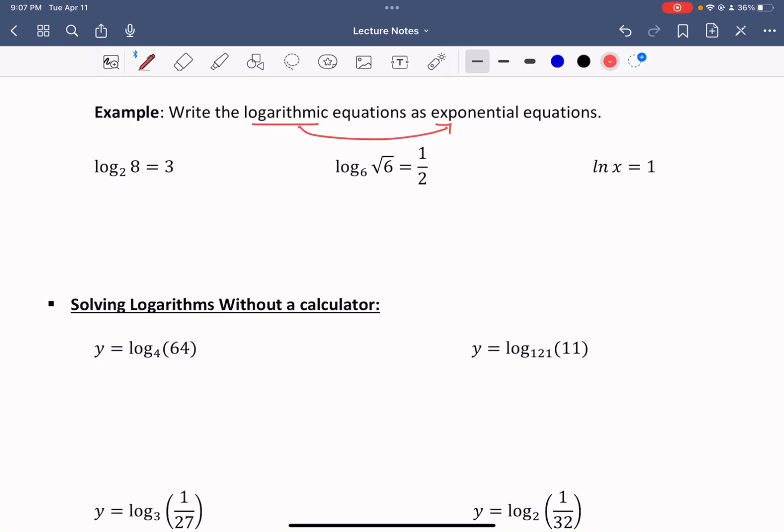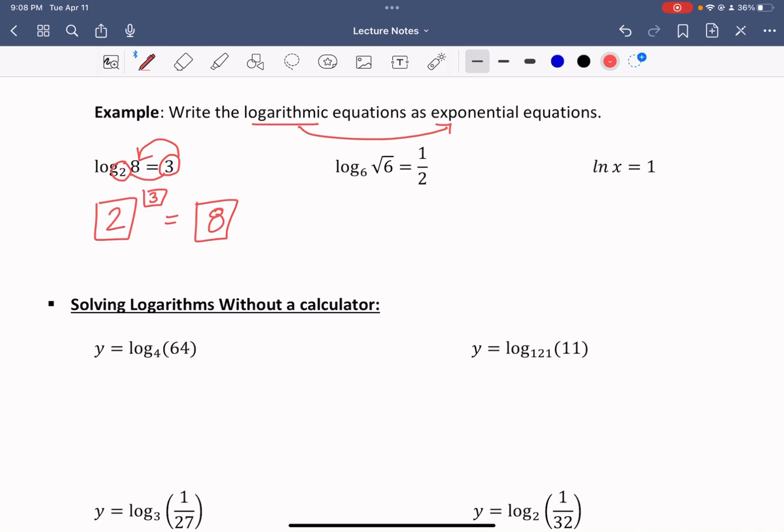So I'm going to use my Snell method, and that's just going to tell me how I'm going to fill in these boxes. So I start with a 2, I'm going to loop to 3, and then I'm going to land at 8. So it would be 2 to the 3rd equal to 8. And logically, that makes sense to me because I'm like, oh yeah, 2 cubed, that definitely is 8.